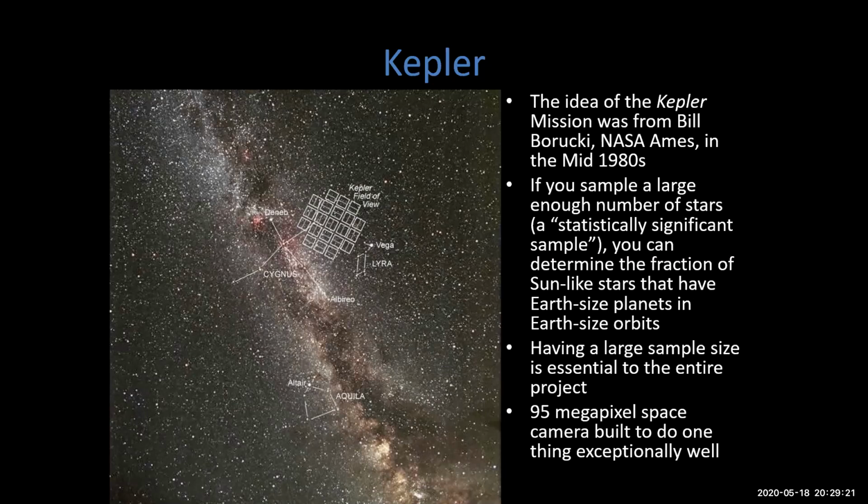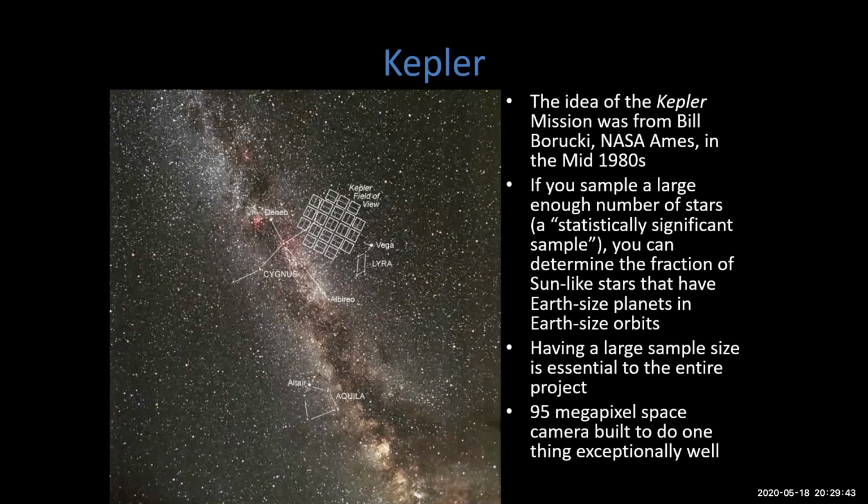The idea for this telescope came around in the mid-1980s, but it just didn't have the technological abilities until significantly later. And the goal was that we knew not every star would have detectable planets. Some of them would have planets that could not be detected.